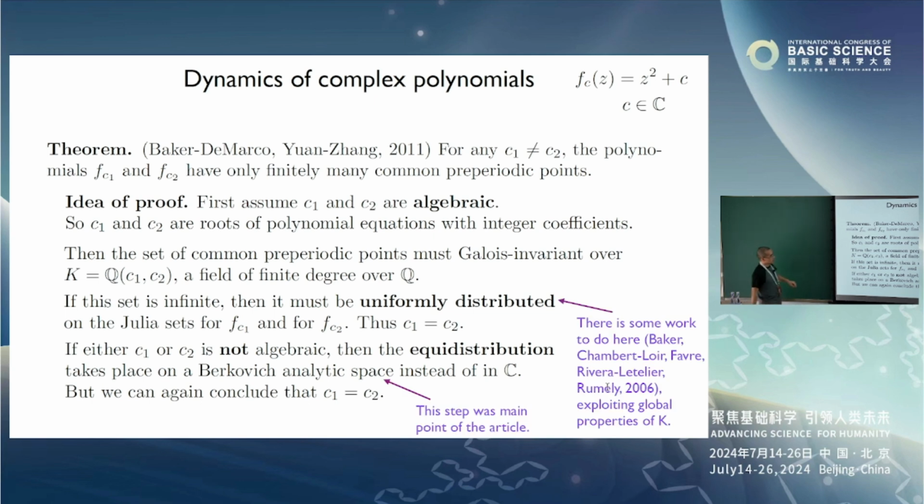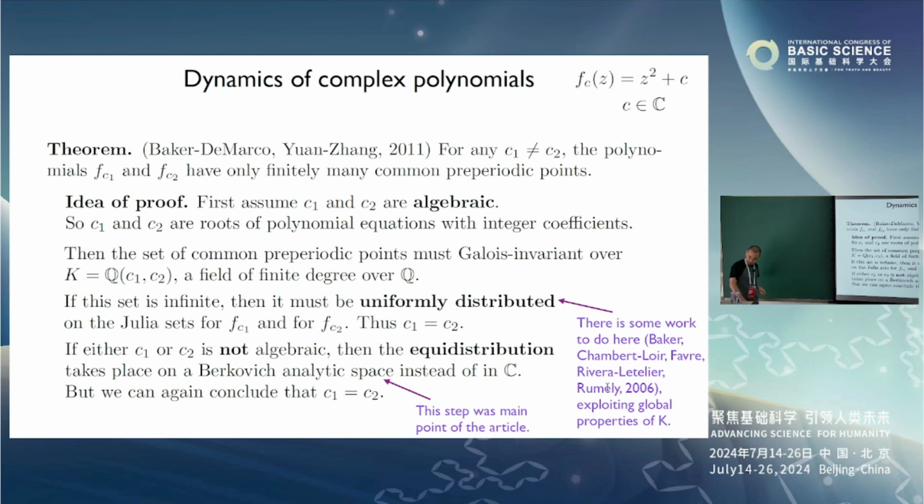And so for this equidistribution, you need to use some work by Baker, Chambert-Loir, Favre, Rivera-Letelier, and Rumely, exploring the global property of the field K. Because you want to get the equidistribution, you need to study all the places of the number field, so you need to study the Archimedean ones and the non-Archimedean ones. And this step is the main point of the article: how to treat the case where C1 or C2 is not algebraic.